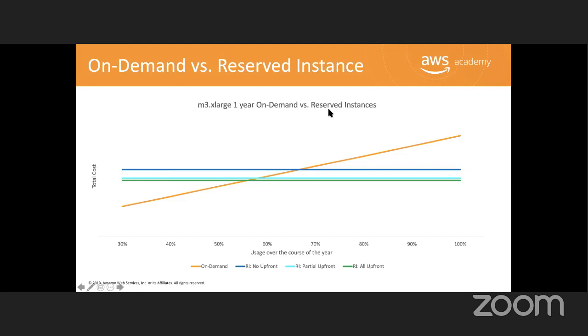But it depends, right? Because we have on demand here. The on demand is just this one, orange, that goes from 30% to 100%. It's unpredictable. It can happen somewhere here, it may be down, maybe up. It's not predictable, right? But with the reserved ones, you see the breaking point here, right?